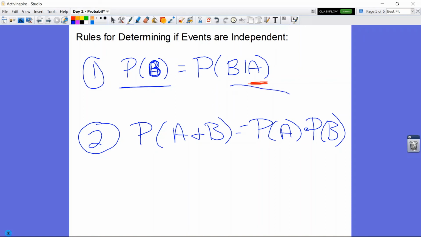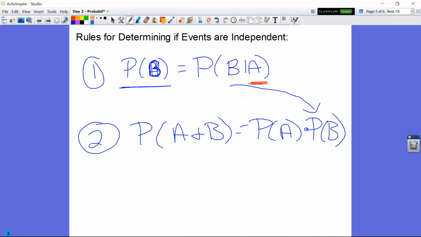It's just the idea that this could be replaced in statement 2 if we were talking about dependent events, but we're able to put in that probability of B because the probability of B is equal to the probability of B given A.